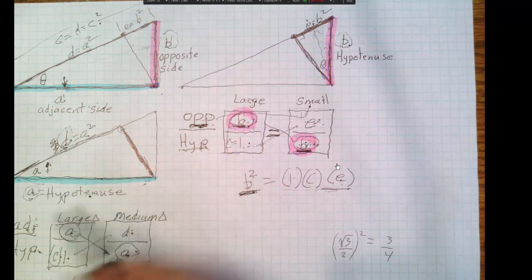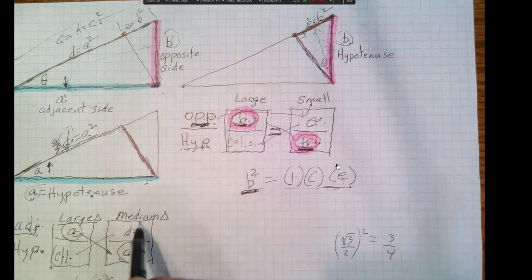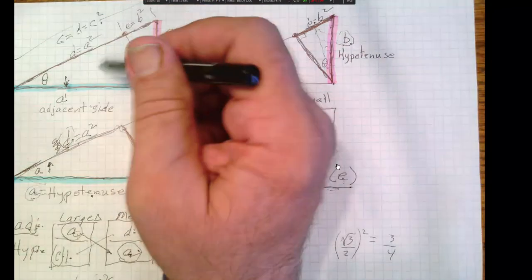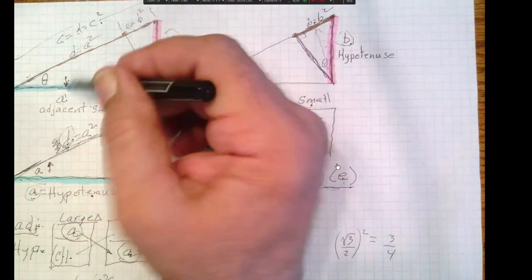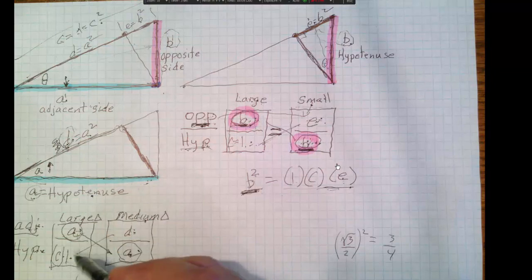Okay, so for examining the ratio of adjacent side to hypotenuse for the large triangle and adjacent side to hypotenuse for the medium-sized triangle, let's see what that looks like up here. For the large triangle, the adjacent side is here, and the hypotenuse is 1. So it'd be A over 1, and we have that right here, A over 1.